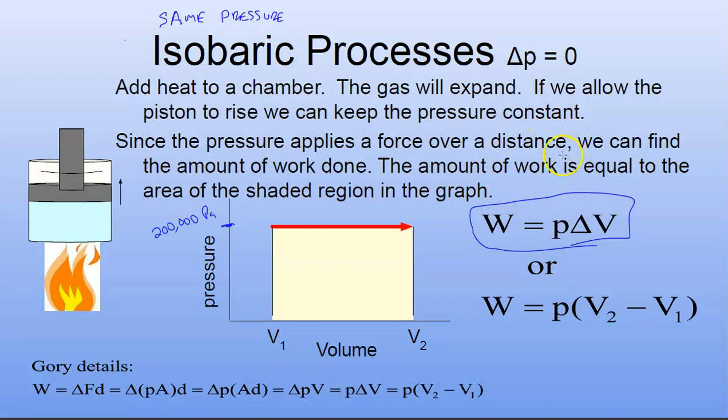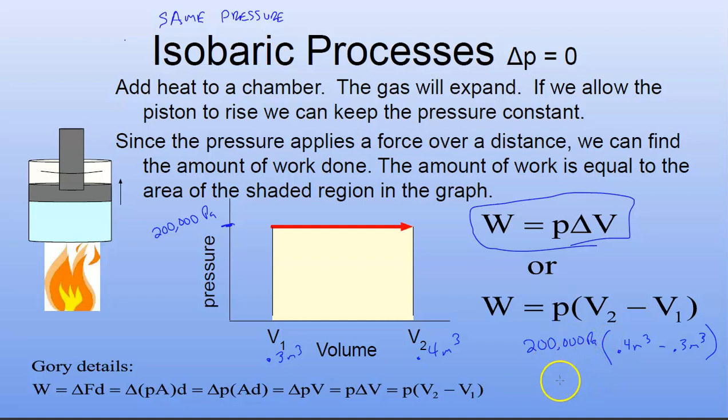And you multiply that by the change in volume. Maybe this thing goes from 0.3 cubic meters to 0.4 cubic meters. So then I could say my pressure is 200,000 Pascal. My change of volume is the final minus the initial. That would be 0.1 cubic meter.